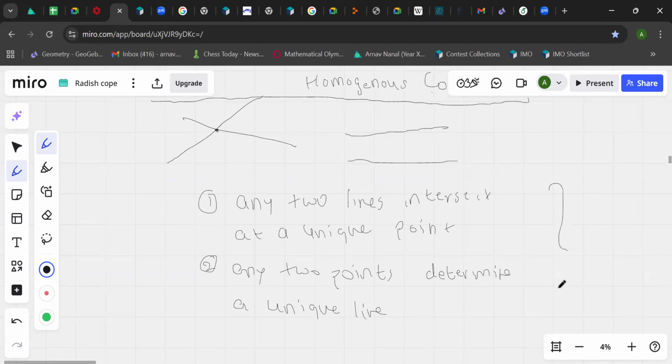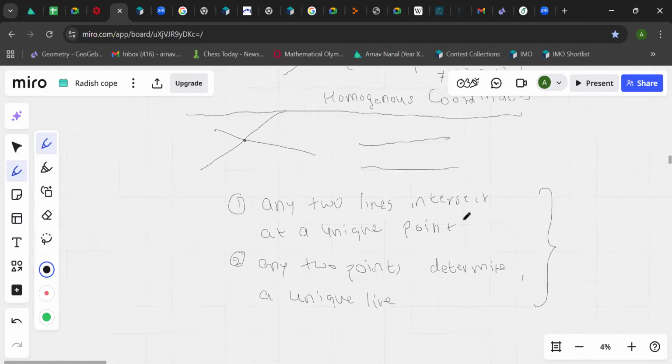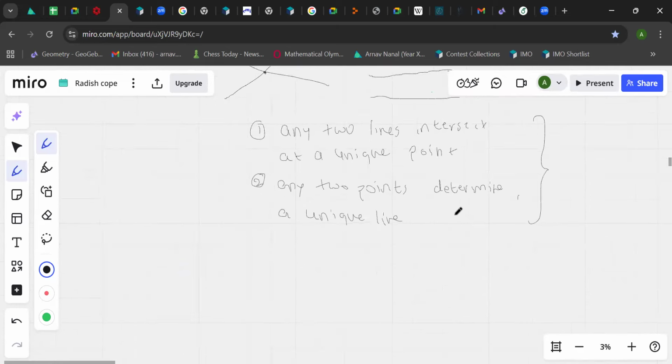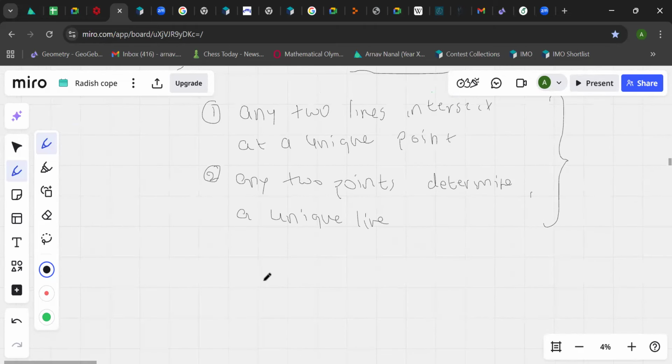Does this make sense? Let's give some examples. Let's say you have a point A and a line L, and this is the point at infinity along L. Can someone guess which line is given by the line passing through A and the point at infinity?